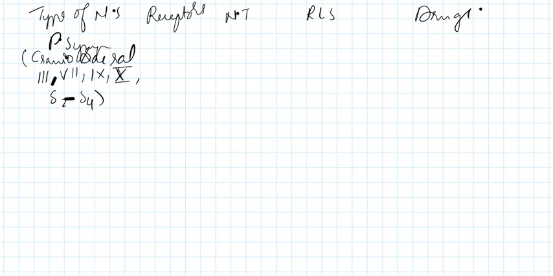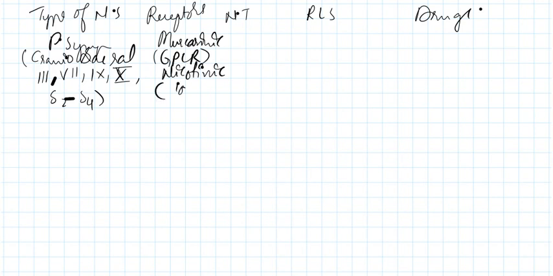Now what are the types of receptors in parasympathetic? You have 2 types of receptors. One is muscarinic and another one is nicotinic. Muscarinic, which type of receptors are they? They are GPCR, G protein coupled receptors. Nicotinic is ionic receptors.